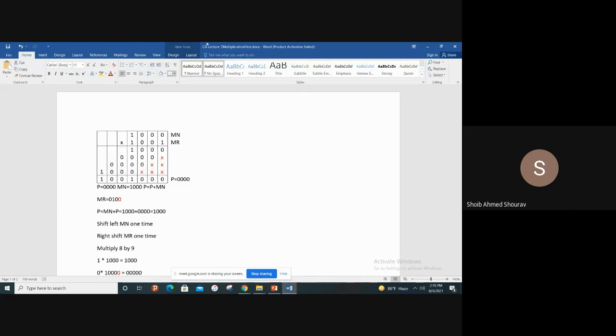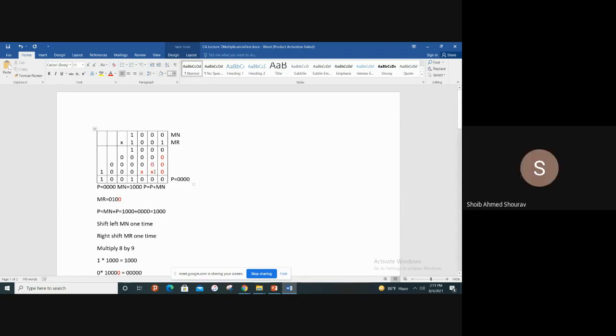Okay. Now, when we add these columns, we tend to assume this cross as zeros, right? Because when we add, we assume these crosses or spaces as zeros, right?